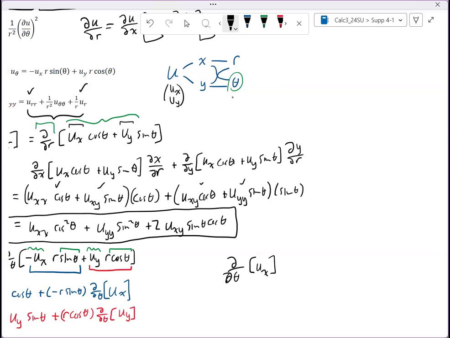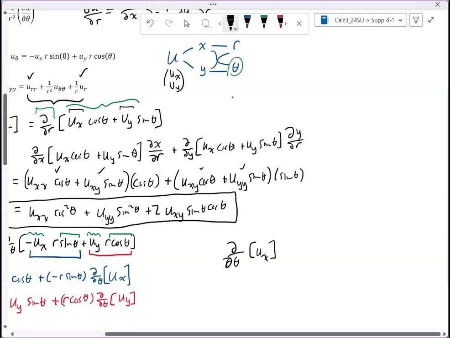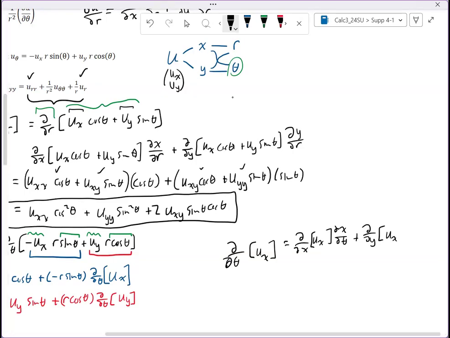They have the same dependence, the same schematic. So this is going to be the partial with respect to x of ux, partial of x with respect to theta, plus partial with respect to y of ux, partial of y with respect to theta.